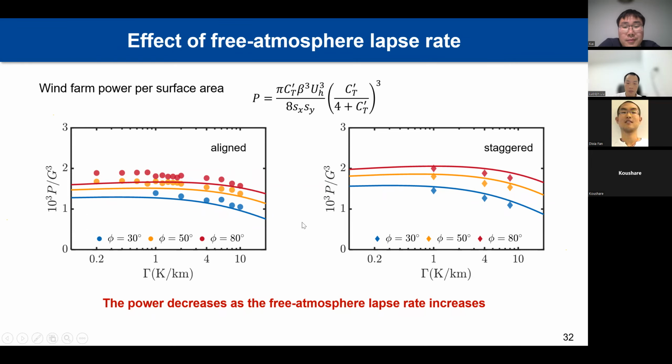We can make some conclusions from these two figures: the power decreases as the free atmosphere stratification increases. We also notice that the power output reduces as the latitude is reduced. That means a wind farm near the equator will produce less power output than those close to the poles.